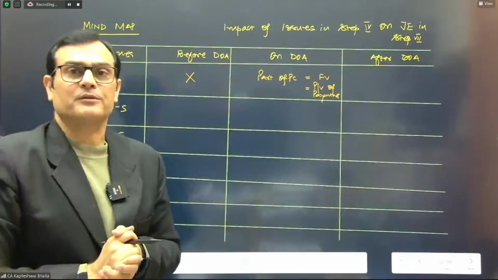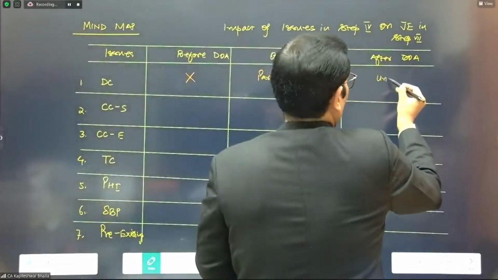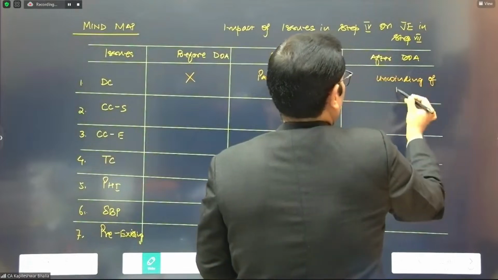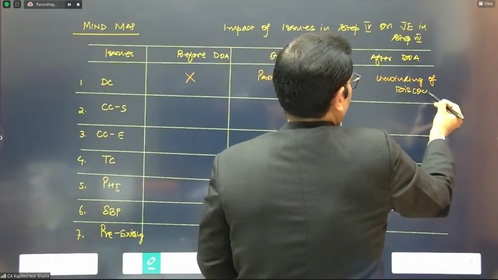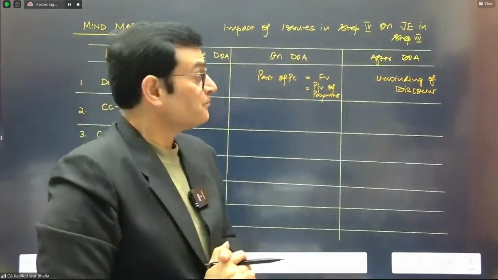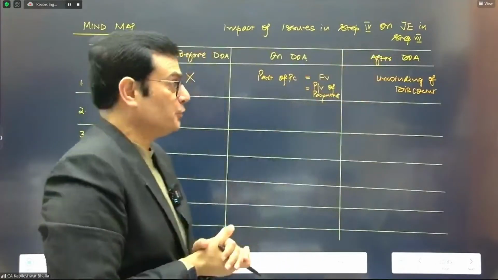What you do post-acquisition is the concept of unwinding of discount, attributing a finance charge. So these are going to be useful if you get a comprehensive question only on a particular issue.